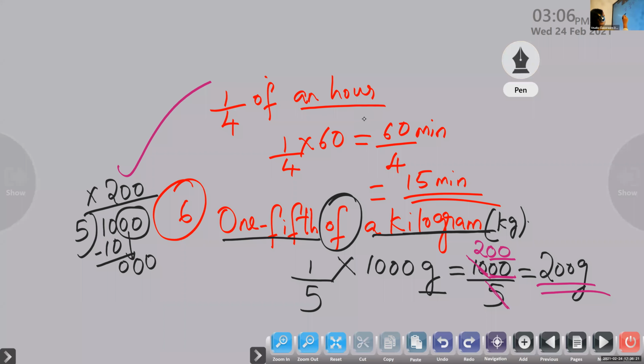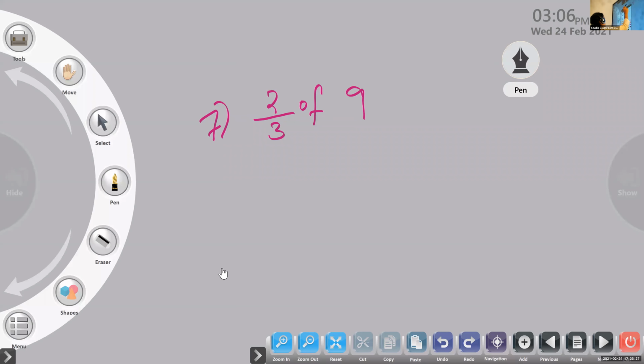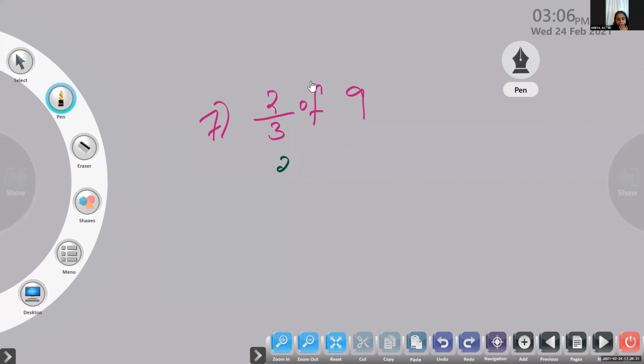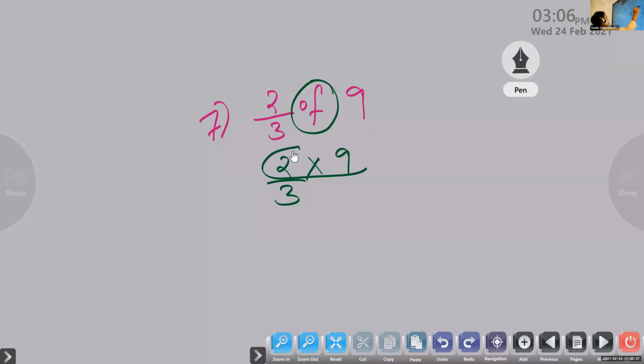Okay, so what do we have to do? Christo, can you hear me? Yes, ma'am. So tell me what we have to do here. 2 by 3 instead of "of", into 9. Okay. So children, you can multiply 2 into 9. What is 2 into 9? 9 twos are 18, by 3. 18 divided by 3, what's the answer? 6 threes are 18.